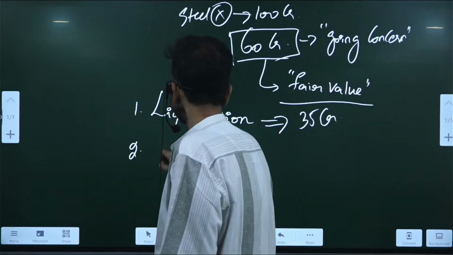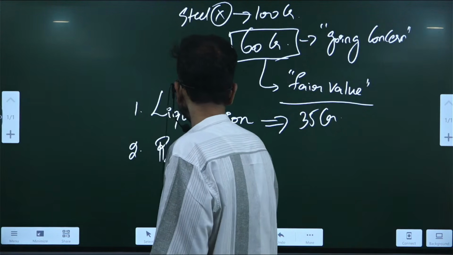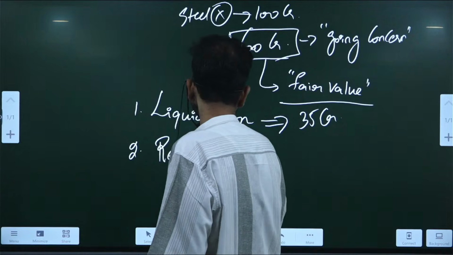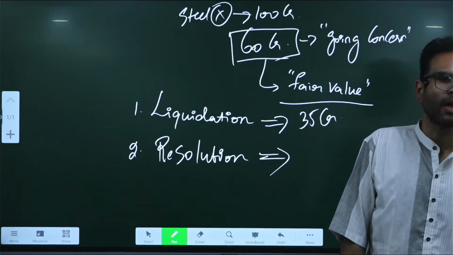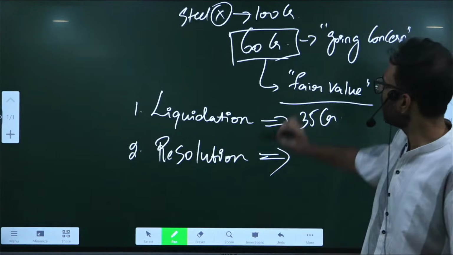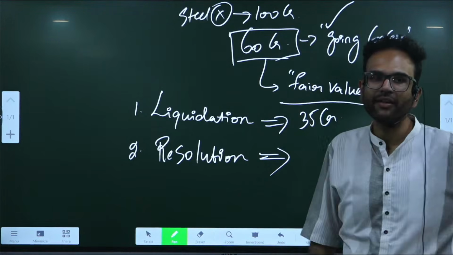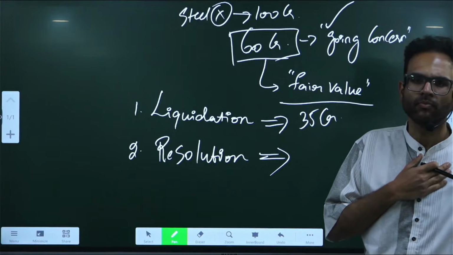Then there is a second option called resolution. What do you mean by this? At this point, you are saying that the fair value of the company is 60 crores.